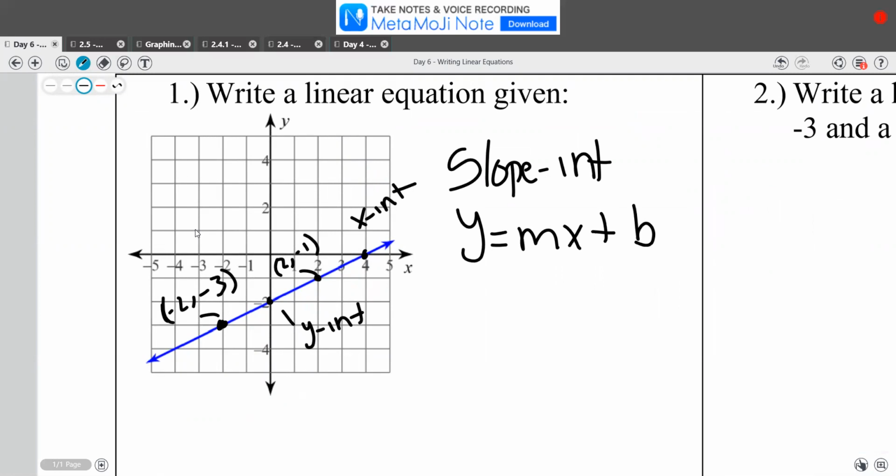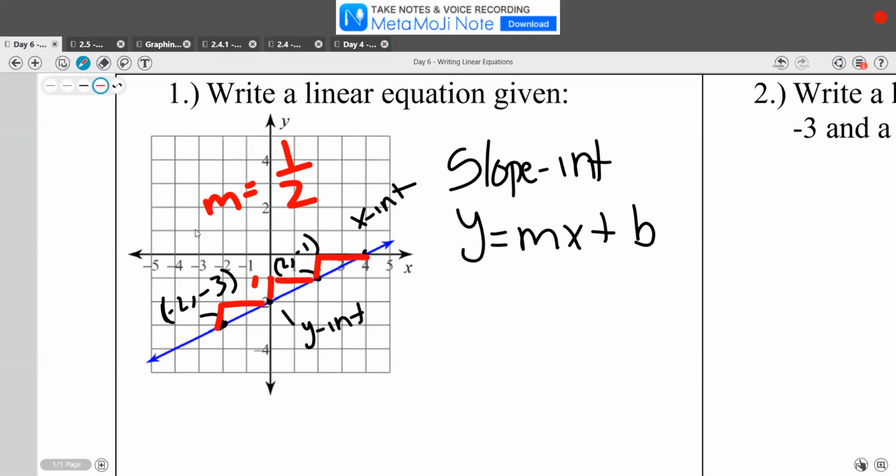We need to figure out our slope. Well, how do I get from this point to that point? I can actually go up by 1 and then 2. So then my slope would be 1/2, okay? Rise 1, run 2, okay?